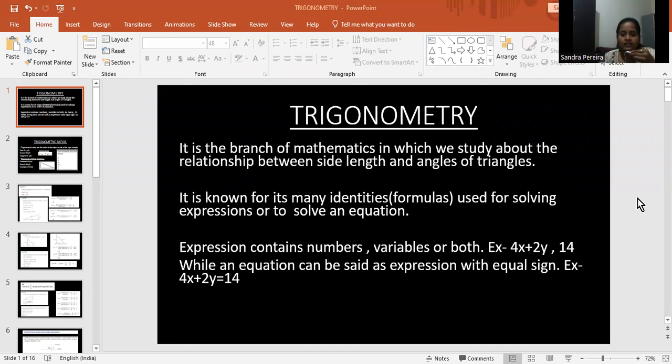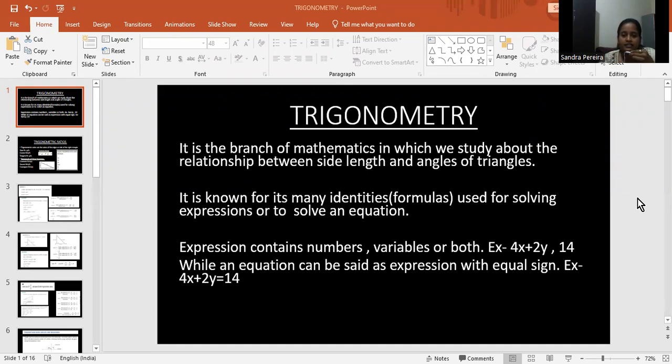As you are aware of triangles and angles, using these angles, triangles, and sides of a triangle, we will go to trigonometry. Do you know what is an angle?